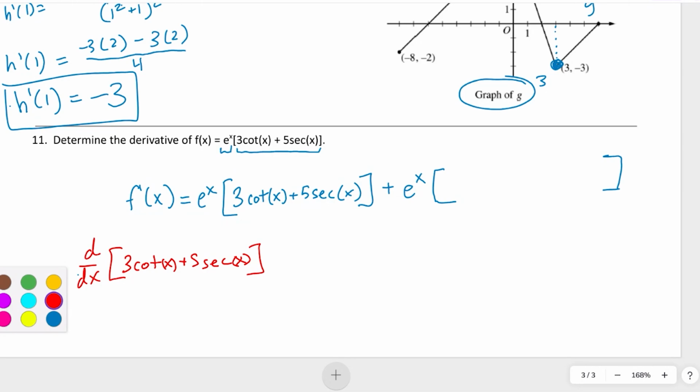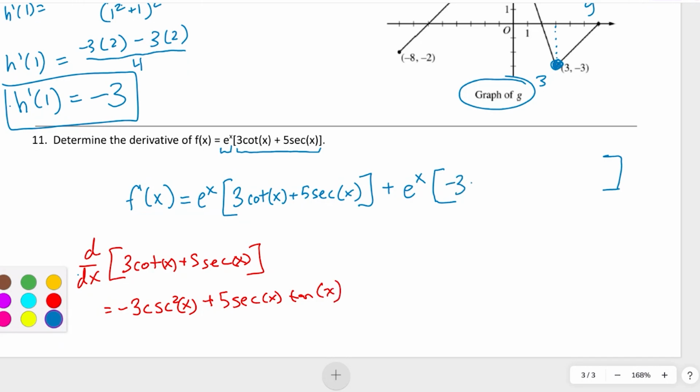So the derivative of cotangent is negative cosecant squared. So this will be negative 3 cosecant squared x. And then the derivative of secant is secant times tangent. So this should be plus 5 secant x tangent x. And all this stuff is going to go in those brackets.